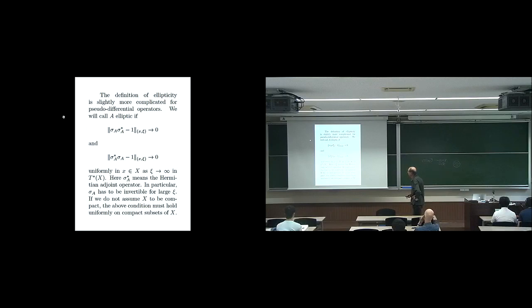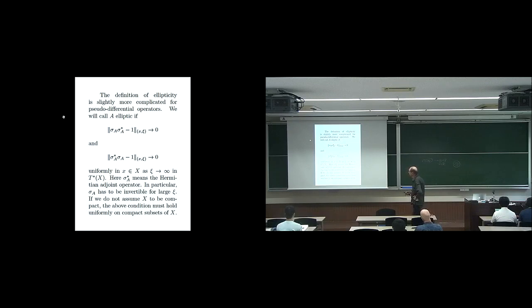Now, to define elliptic operators in this, I forgot to say that there is a certain theory, of course, belonging to many people, but probably the last definitive way of defining operators was due to Lars Hörmander.